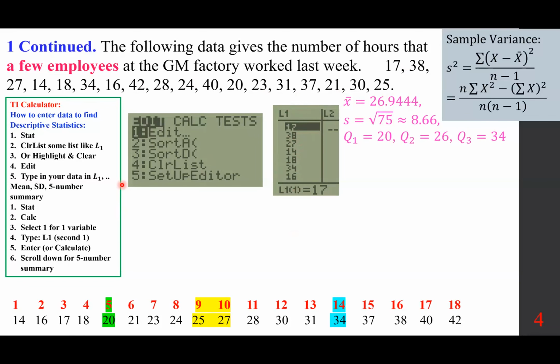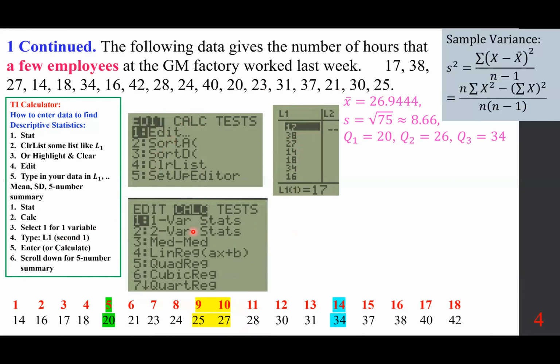Then next time we go to calculation, and select one for one variable and type L1. So now we go to calc, one variable stat. The list is L1 because we put everything in L1, and all you have to do, calculate.